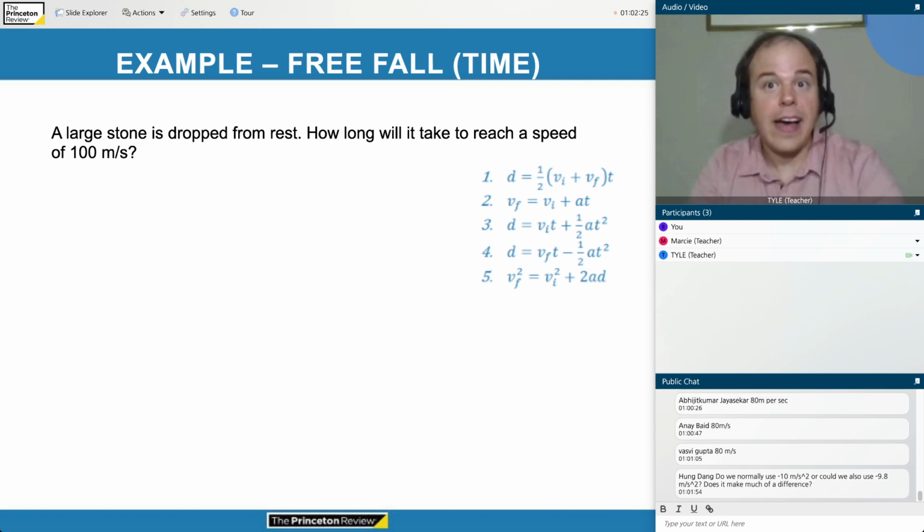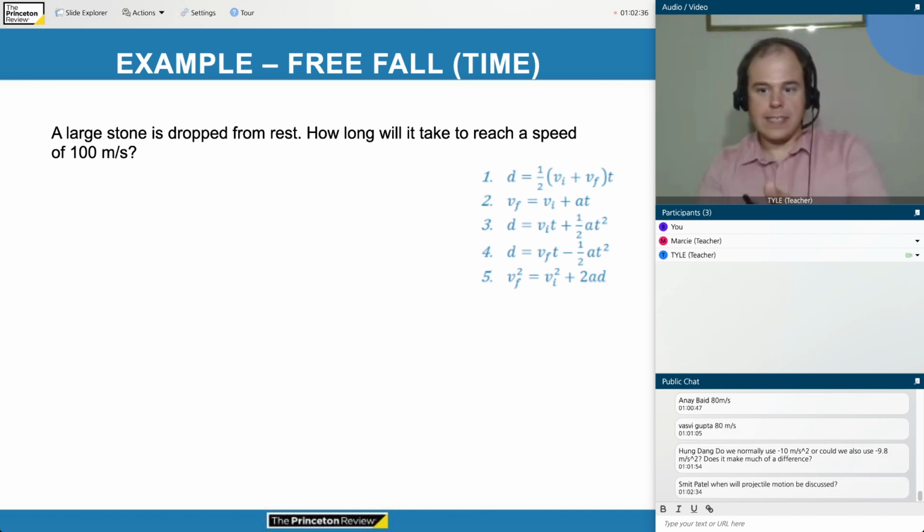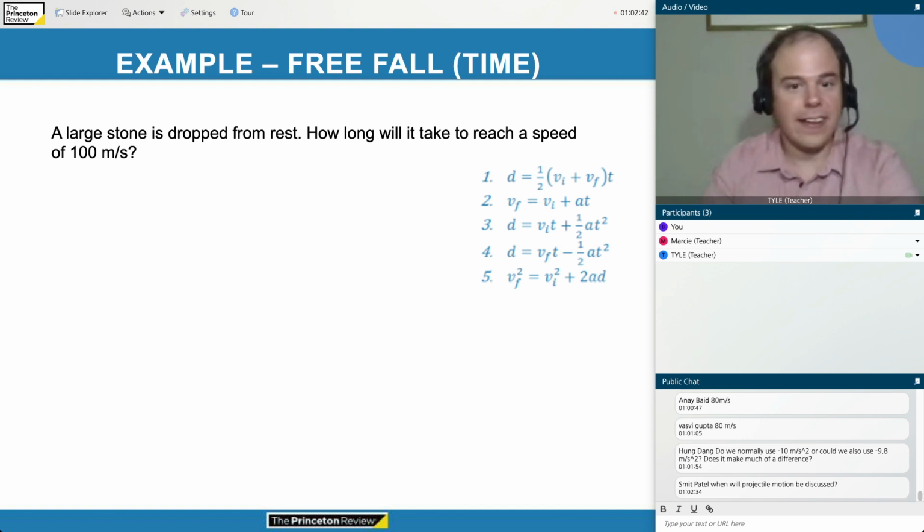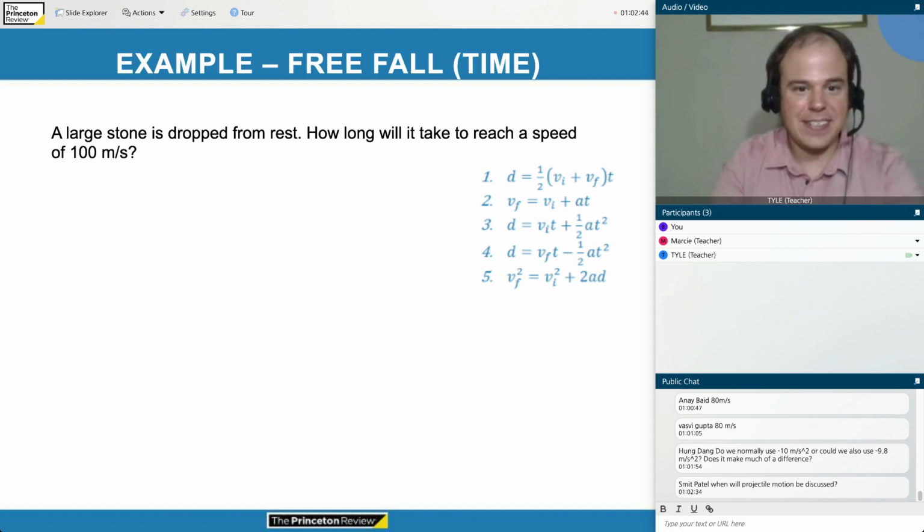In fact, you might even need to be more precise than 9.8, for example 9.81, depending on exactly what you're doing. If you're worried about precision artillery or things like that, then you might need an even more precise value than 9.8. But 10 is usually good enough.